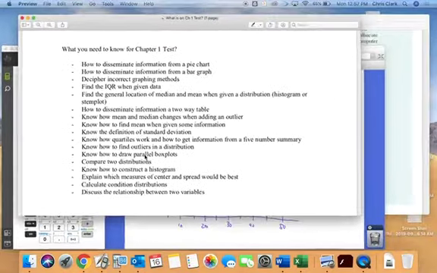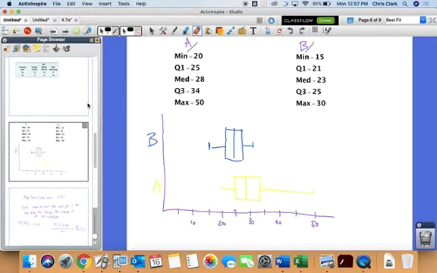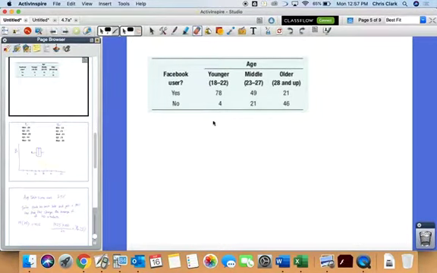The last one that we're going to talk about is how do you calculate conditional distributions. If I was trying to find conditional distributions of Facebook users for each age group, what I have to do is first I have to find the totals if they don't give you the totals of the columns. Okay, find those totals first.